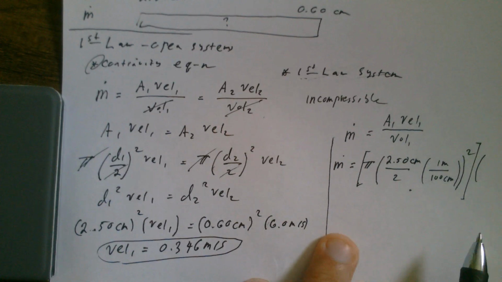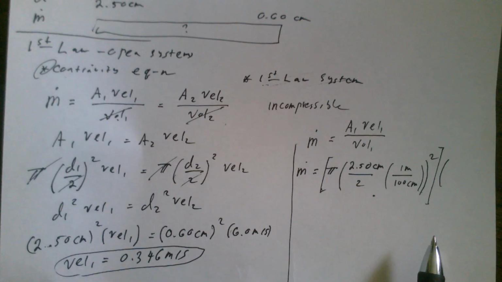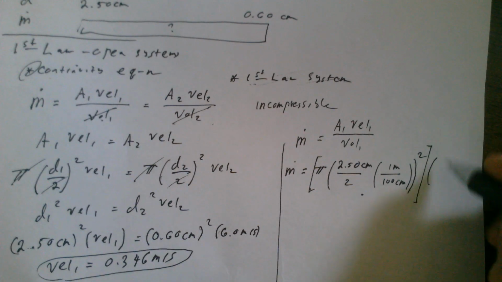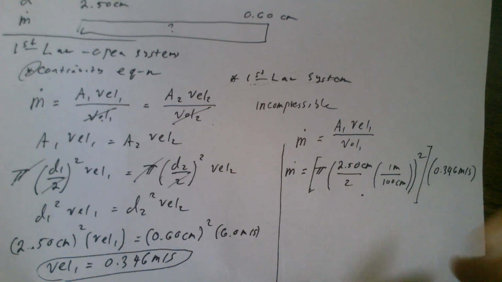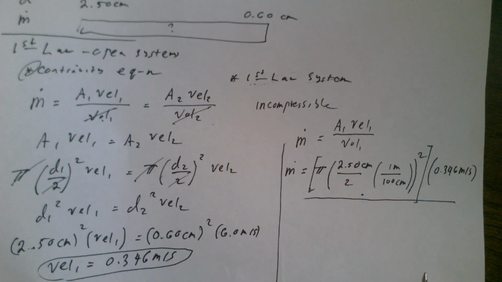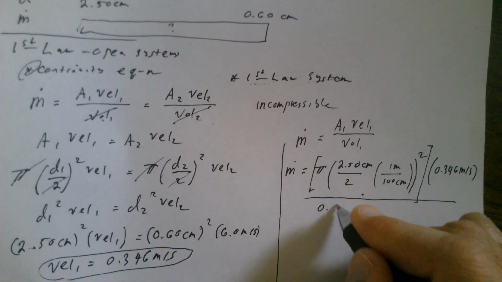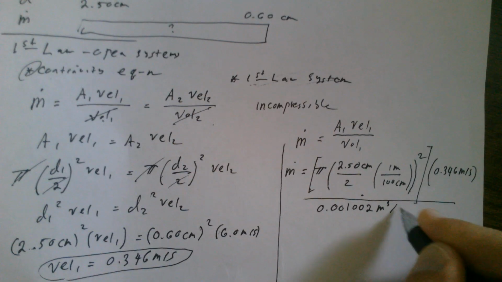times the initial velocity, which we just solved for, 0.346 meters per second. And then you divide that by the specific volume, which we just got from the table to be 0.001002 meters cubed per kilogram.